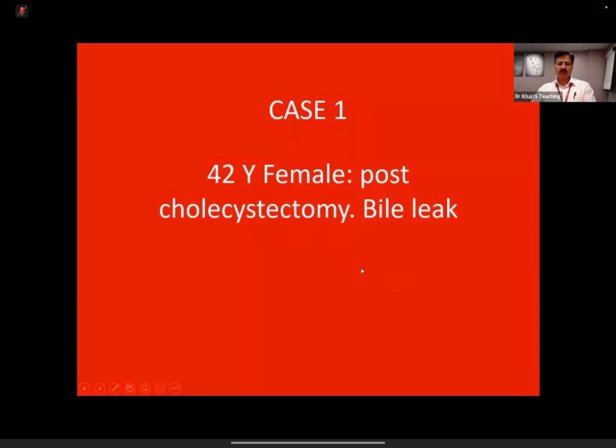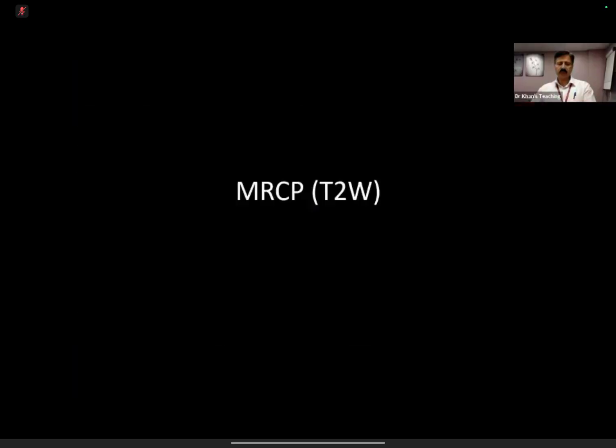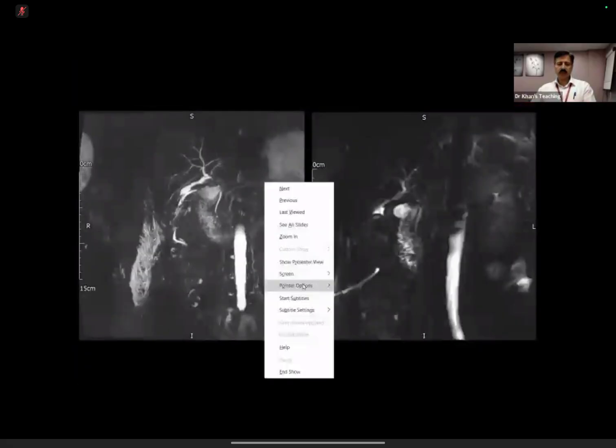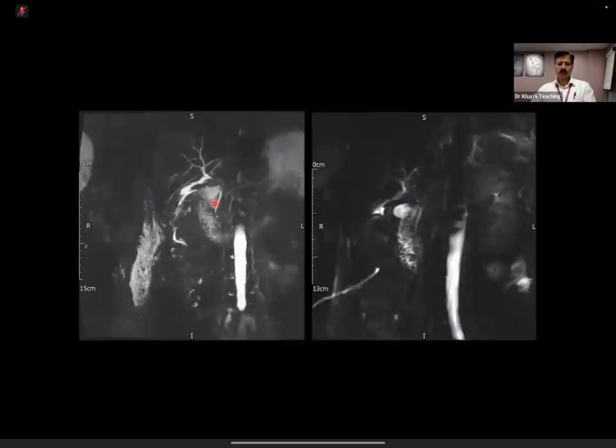Now, I have selected a case here to show you biliary leak in a 42-year-old female post-cholecystectomy. So what happened was that after the cholecystectomy, this was the MRCP, and they had put in a drain, so you can see the drain here.